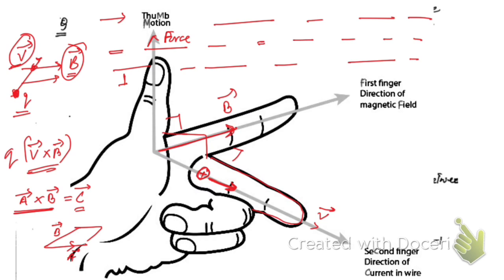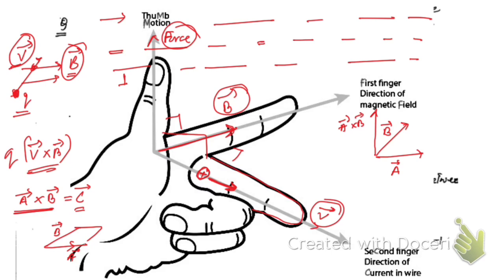Now you see, this force is perpendicular to both the magnetic field and the velocity. We know that if you take two vectors a and b and find their cross product, then a cross b will be perpendicular to the plane containing a and b.